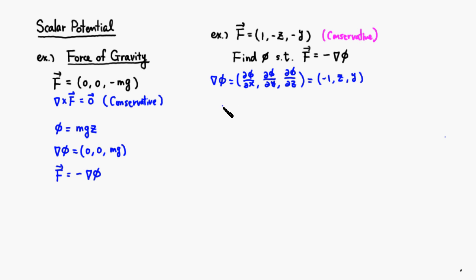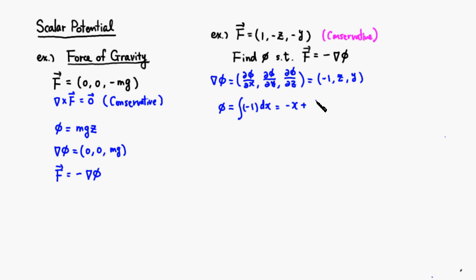Since the partial with respect to x is negative 1, we can find it by taking the antiderivative of negative 1, which gives negative x, plus some constant. But since this is a partial derivative with respect to x, any other letters except x will be considered constant.